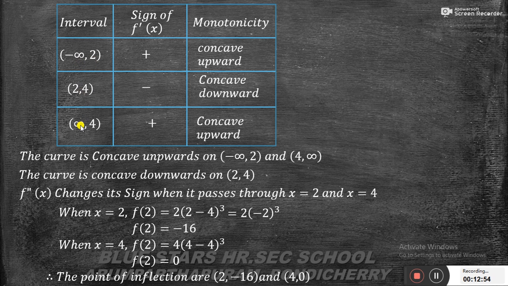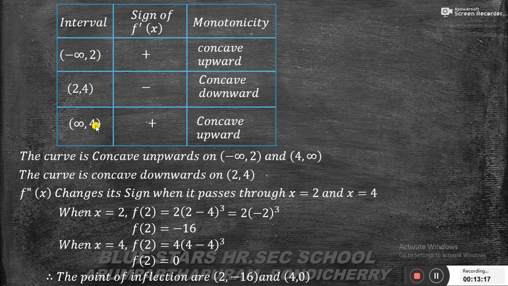Here the interval is 4 comma infinity. That means the interval starts after the 4, that means 4.1, 4.2. So now we consider, say, 5. After the 4 we consider whole numbers 5, 6, 7, 8. It goes on, no limit for the numbers because it goes to infinity. This interval is 4 comma infinity.